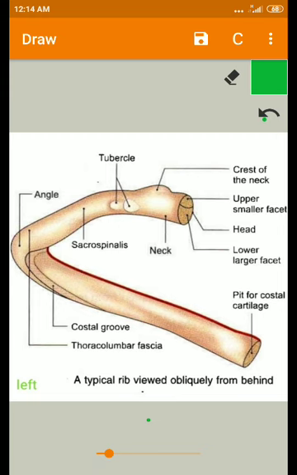So simply, the angle of the rib gives attachment to the thoracolumbar fascia and the iliocostalis thoracis muscle. And the area between the tubercle and the angle gives attachment to the levator costae muscle as well as the sacrospinalis muscle.